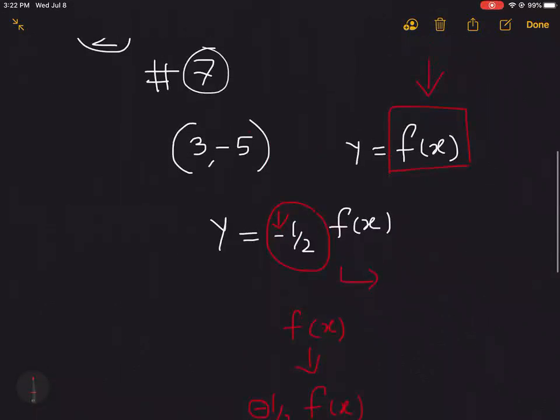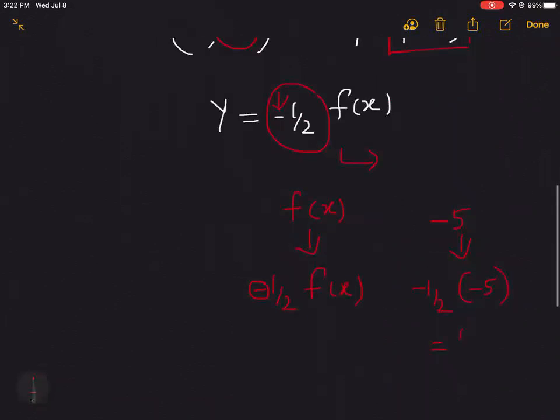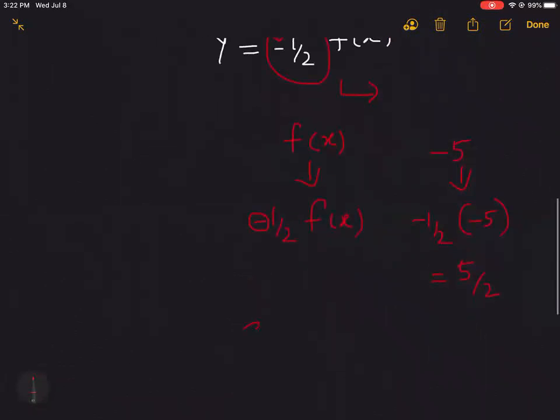So clearly this negative 5 will now become negative half times negative 5. So it will be a positive 5 halves. Can you see that? So clearly 3, 5 halves should be on the graph.